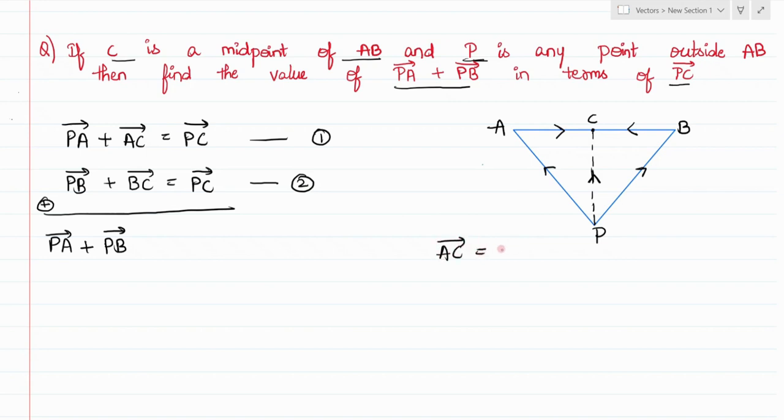So AC will be the negative of BC. So when you add these two vectors, AC and BC, you will get 0. And on the RHS, you will get 2PC. So this is your required answer to this question.